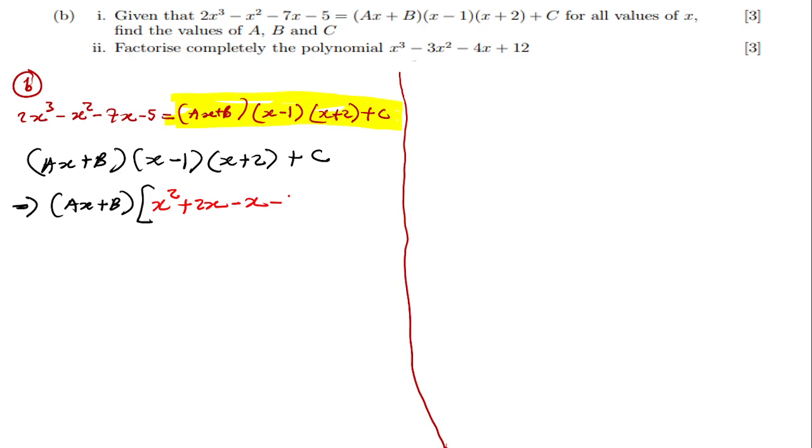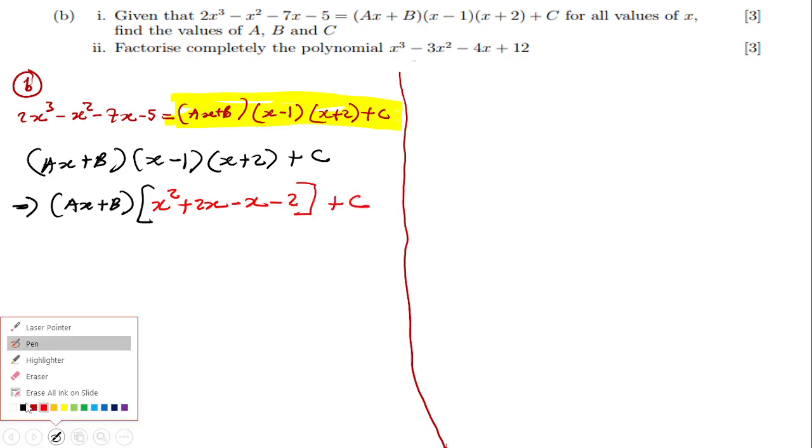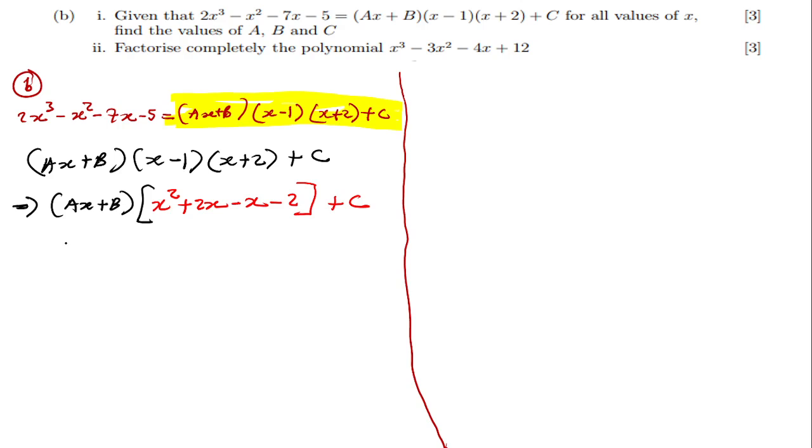After you do that, your next part is to multiply this by everything there. But let me simplify that. So that is ax plus b, and then we are multiplying it by x squared. These are like them, so it's going to be plus x, and then minus 2, close brackets, plus c. Then you multiply ax times x squared, it is going to be ax cubed, okay?